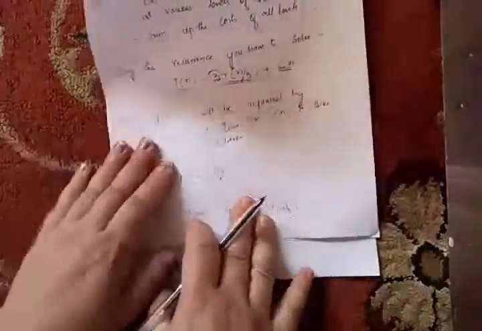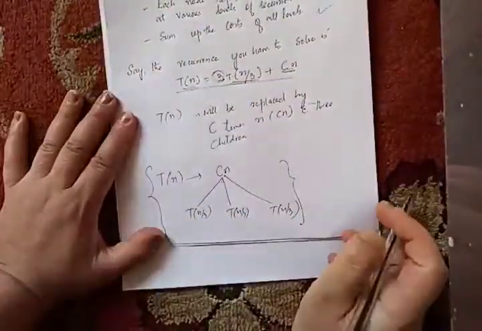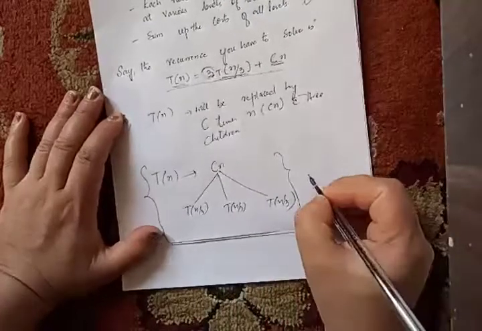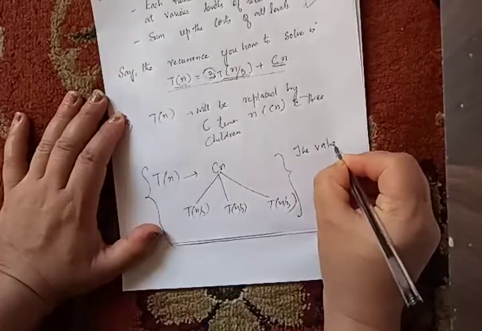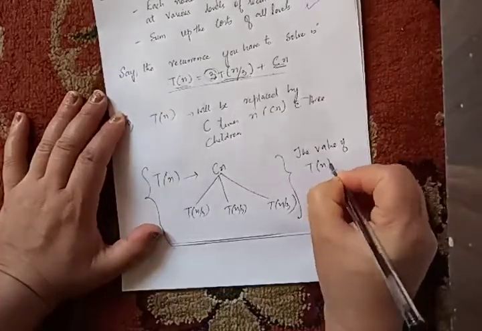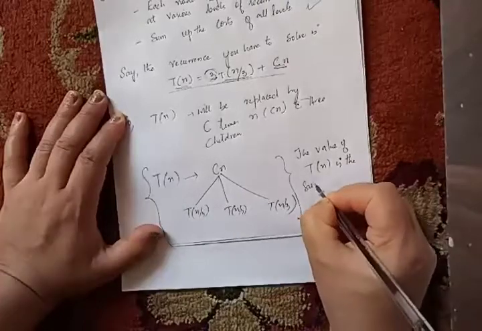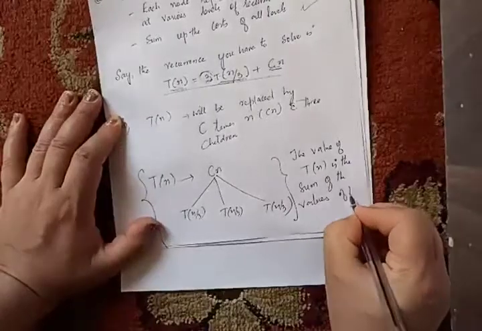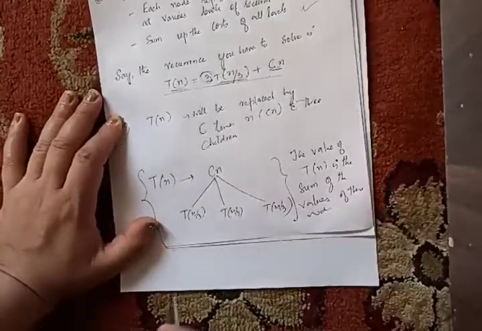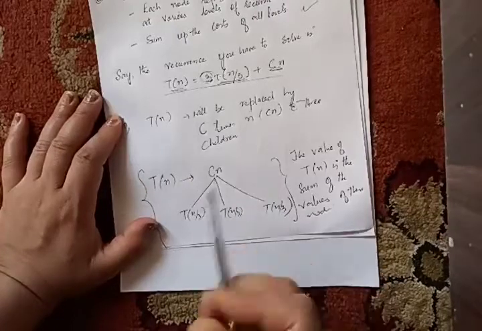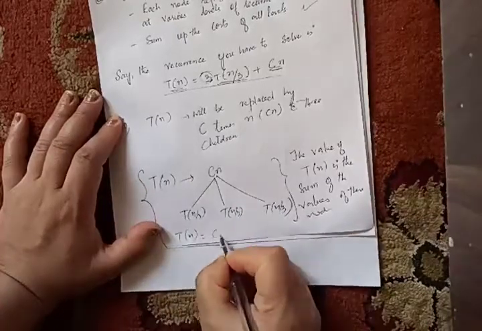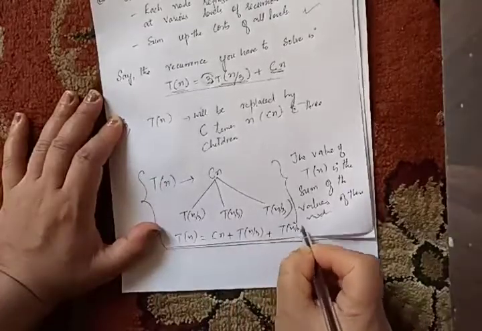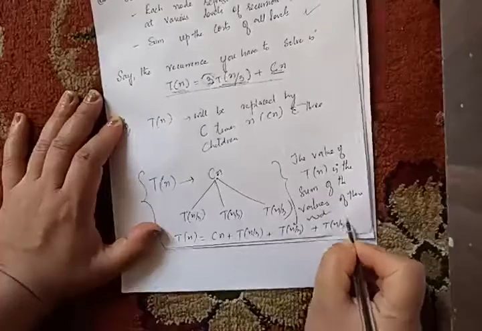Remember that after the first round, the value of T(n) is the sum of the values of these nodes. How many nodes are we having? 1, 2, 3, 4. So T(n) equals c·n plus T(n/3) plus T(n/3) plus T(n/3).